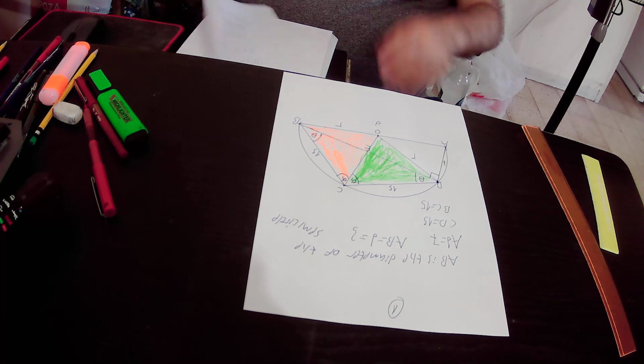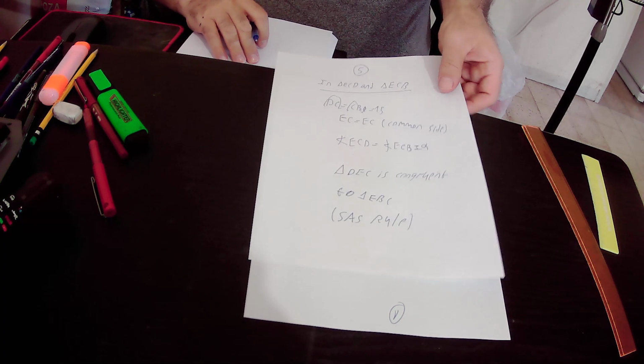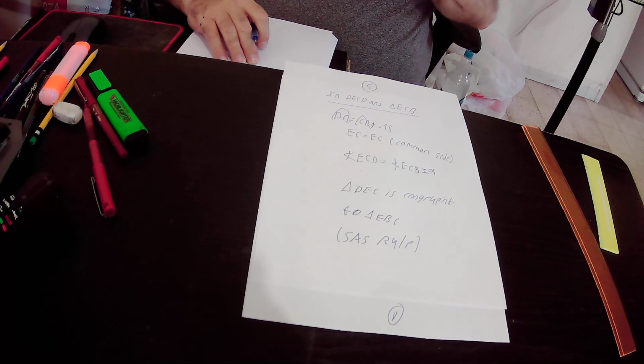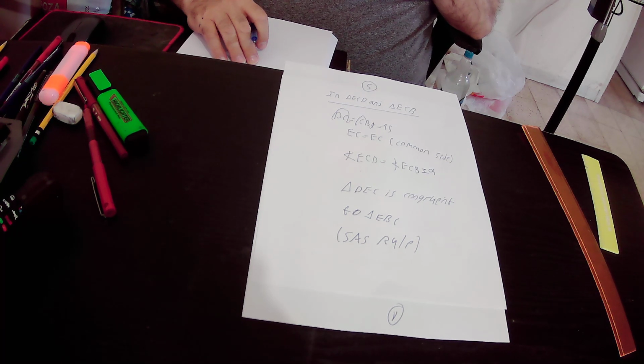Okay, so triangle DEC is congruent to triangle EBC according to the side angle side rule.